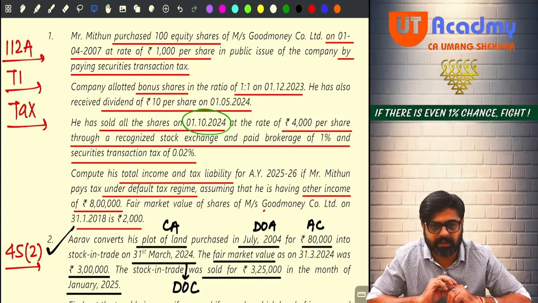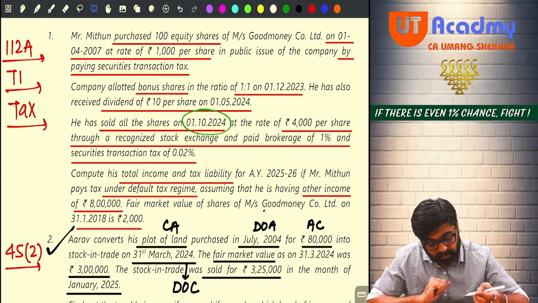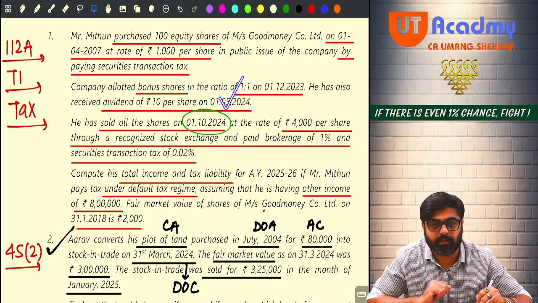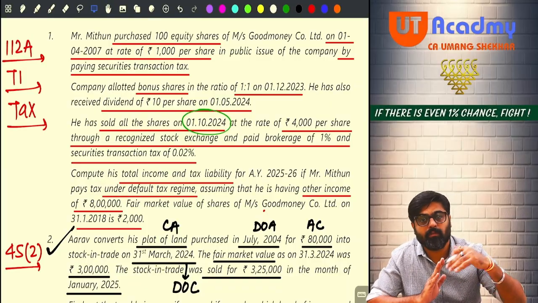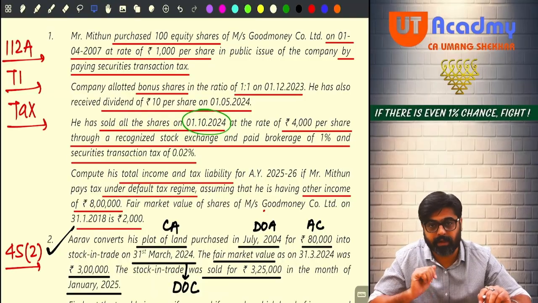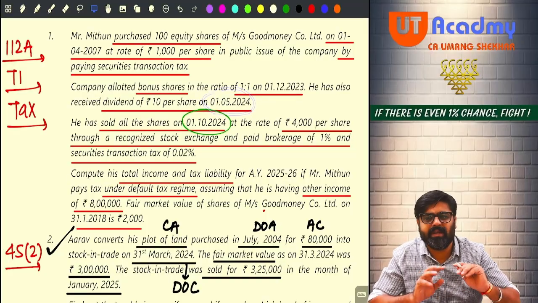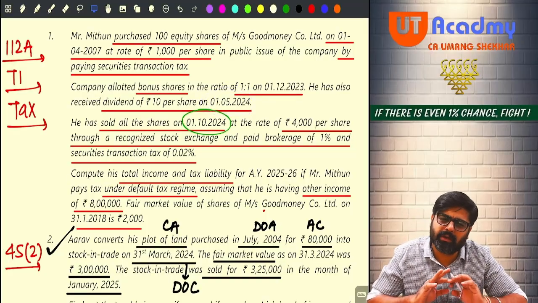So the shares are listed, you acquired in public issue, and at the time of acquisition you paid the STT also. Very good. Company allotted bonus shares in the ratio of 1:1 on 1st December 2023. So 100 bonus shares also you are getting. He also received dividend of 10 per share on 1st May 2024. See, deliberately they'll give you multiple dates.